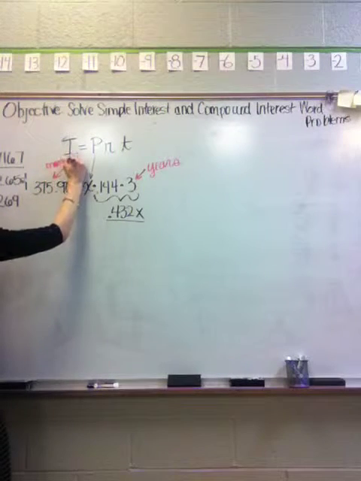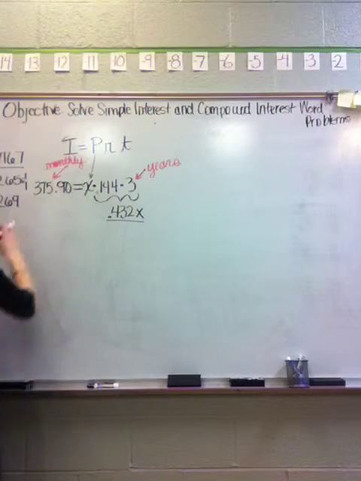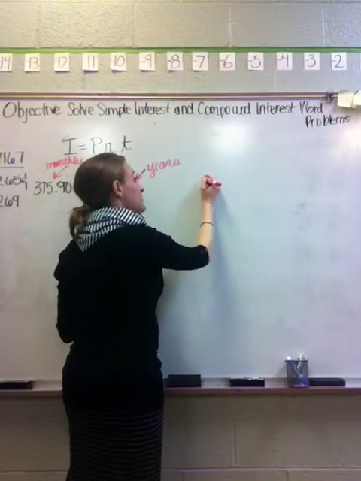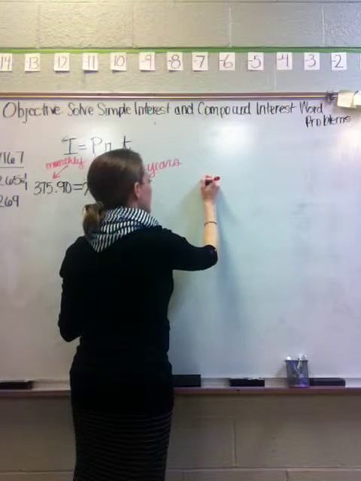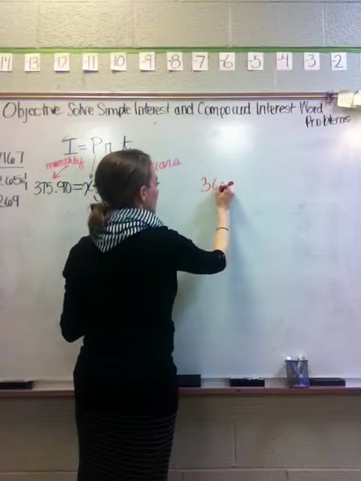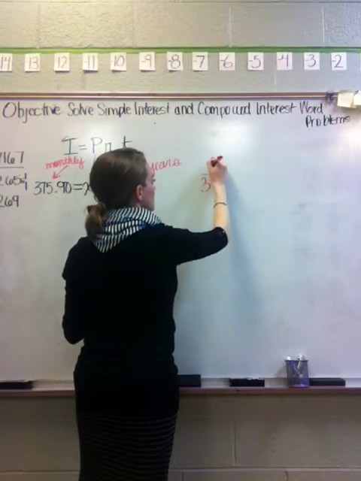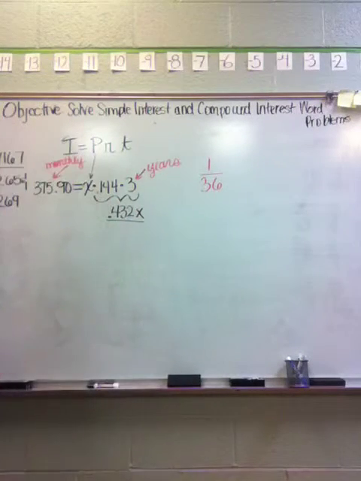This is how much he pays monthly. So 3 years is 3 times 12, so we've got 36 months. What's 1 divided by 36? 0.027 repeating.